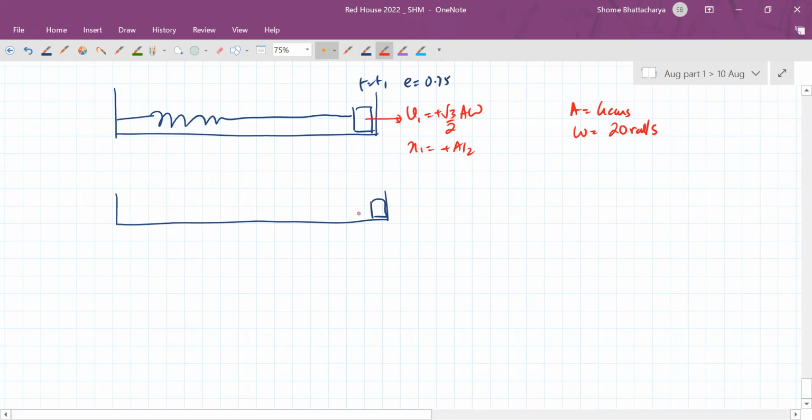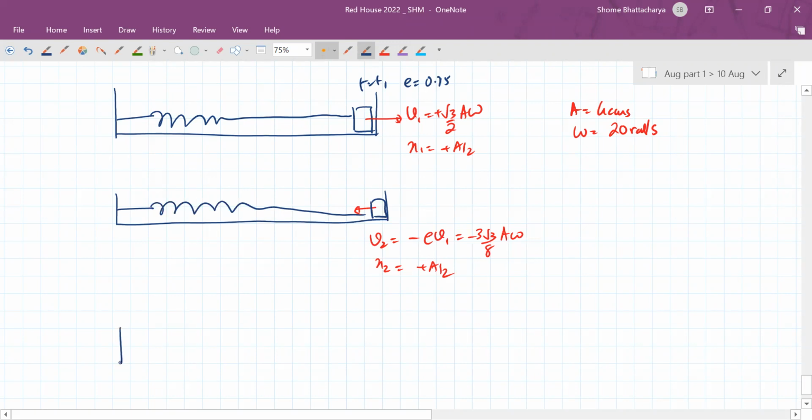Now just after impact, it will have a speed which is minus of e times v1. So that is 3/4 of this, so 3 root 3/8 A omega, but the position is still plus A/2. Okay.